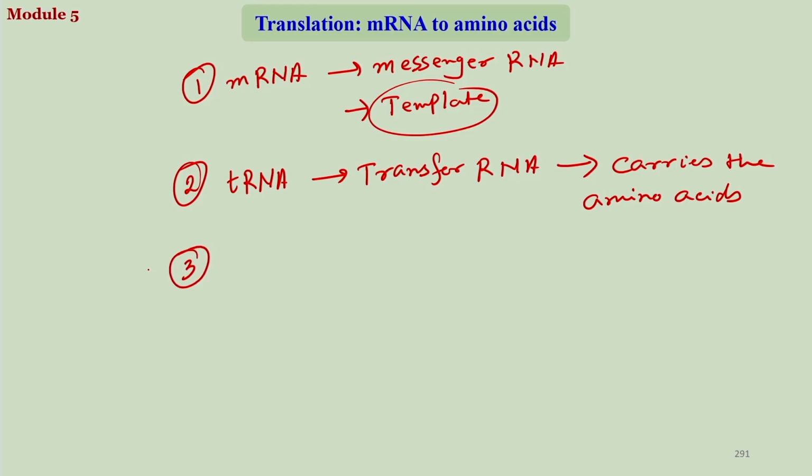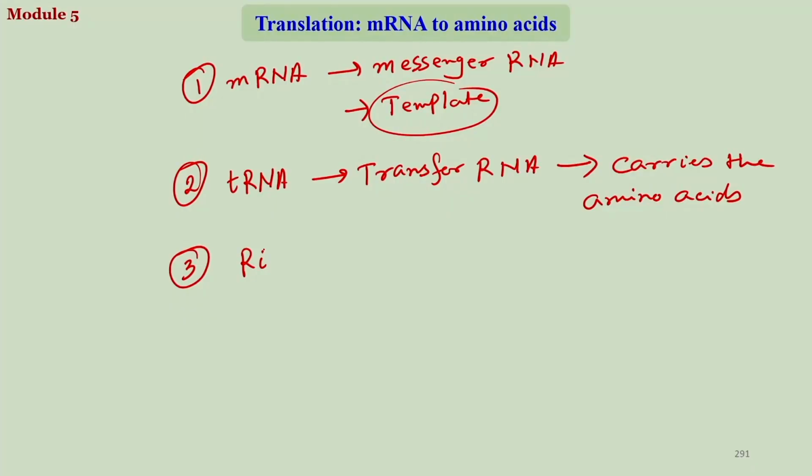And then the third ingredient, and the most important of it. Once you have the other molecules, mRNA, tRNA and whatever else is required, all the ingredients need to be brought to a certain vessel where you can do the reaction. So you need a container where all the ingredients can be put together, and then the reaction can happen. So in the cell, in this case, a ribosome is the vessel.